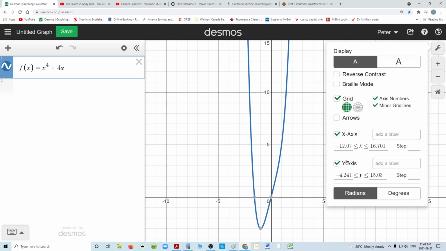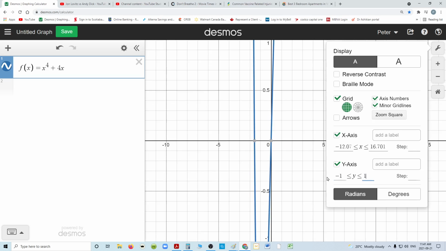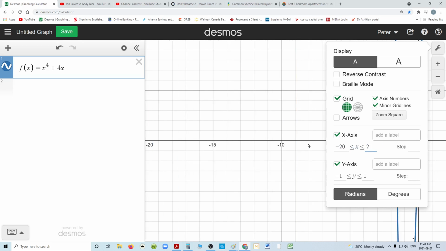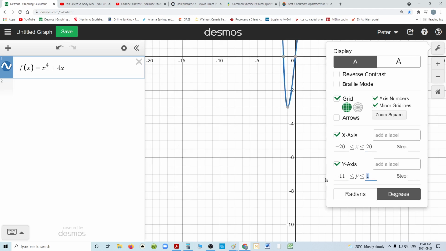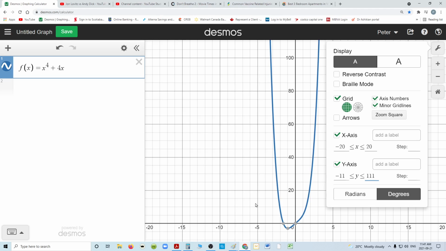So let's see if I can make the y-axis just from -1 to 1. No, it's still not doing it. And let's see if I can make this scale -20 to 20. Maybe that'll help. Didn't help. Let's make this -11 to 11. Yeah, sort of. There we go. That helps a bit more.